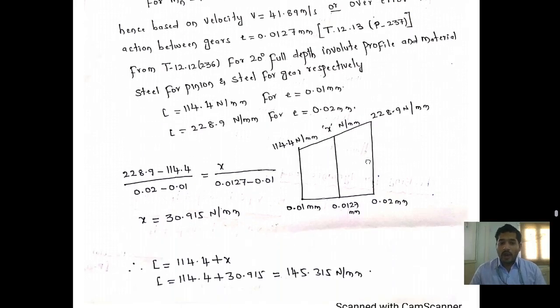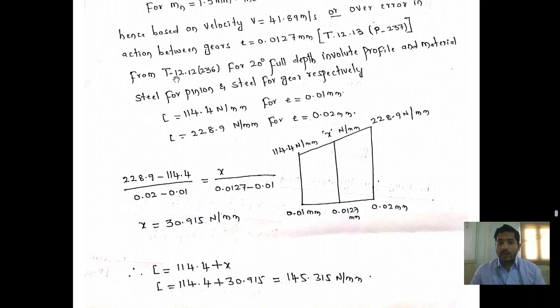Then you have to write over here, because if you refer to table number 12.12 and page number 236 for 20 degree full depth involute profile, then C value is how much is there? 114.4 Newton per mm, and C value is how much is there? 228.9. For error, it is given as 0.01 mm and 0.02 mm.